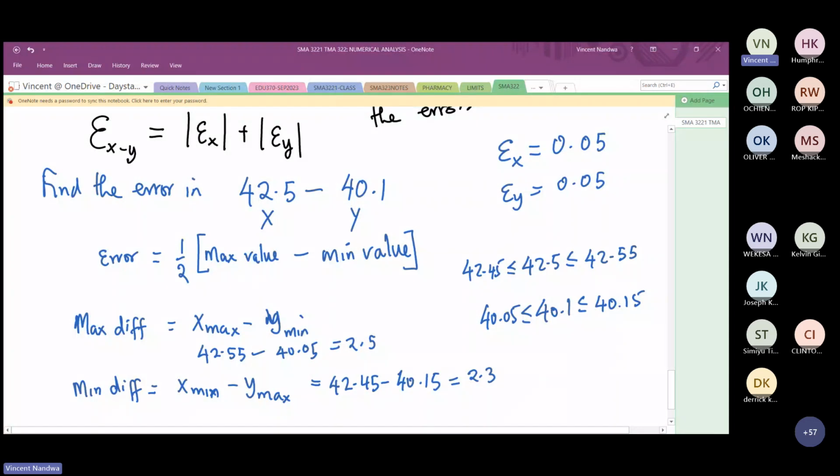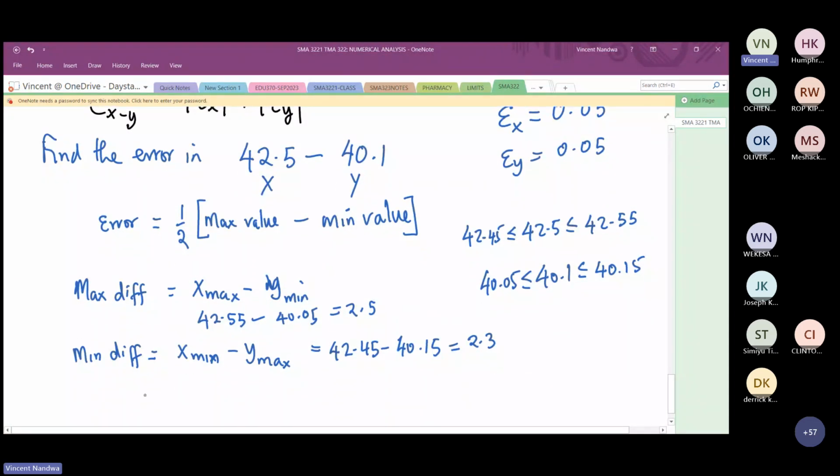Okay. So which means then error by definition, error in this difference will be a half into maximum 2.5 minus 2.3. What do you get? 0.1. Yeah. So this will become the error in that difference.